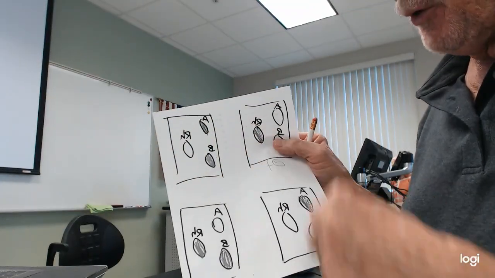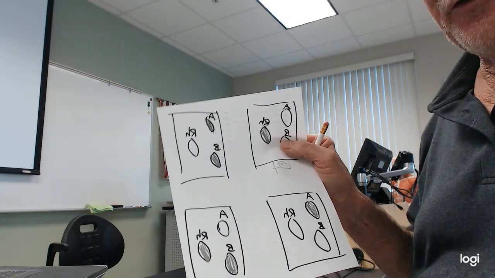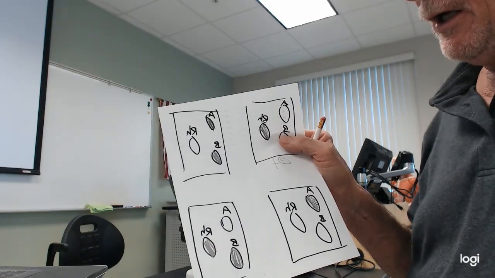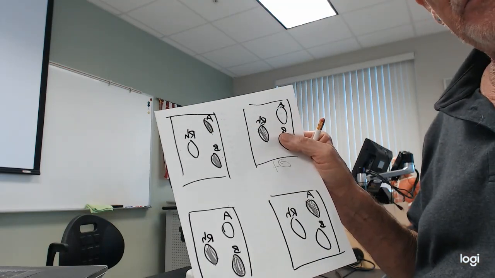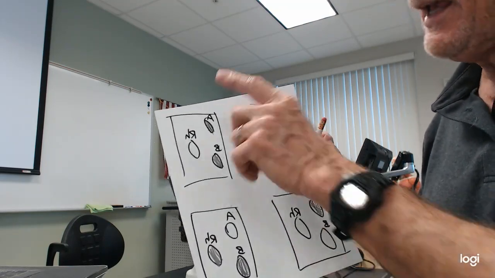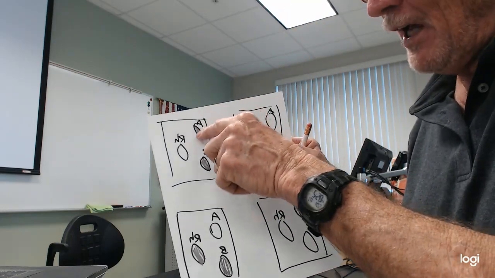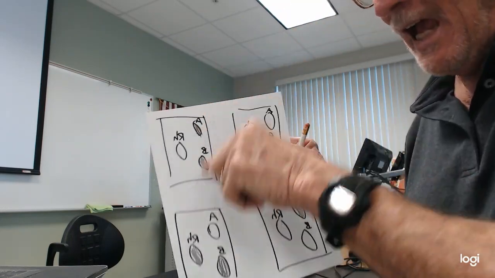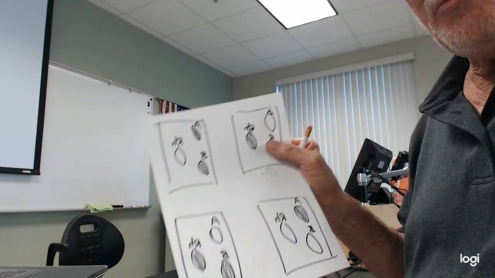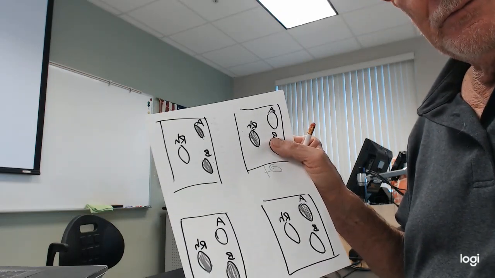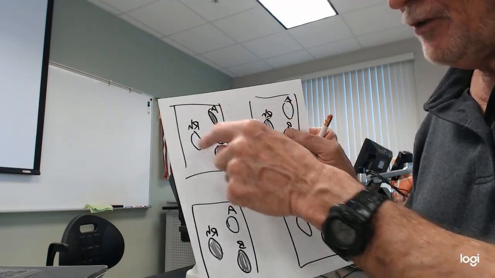How about this person? Who can I give this to? Well, I can give it to somebody who's got A blood, right? Because they already have it. No, I can't. I can't give it to A. I can give it to AB because they already have A and B. Could I give it to somebody who's AB negative? Yes, this is AB negative.